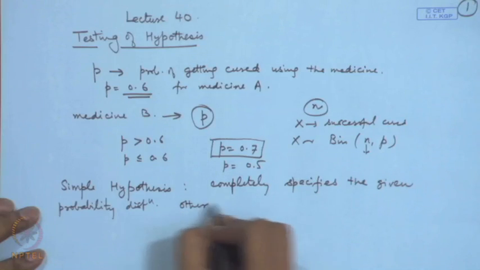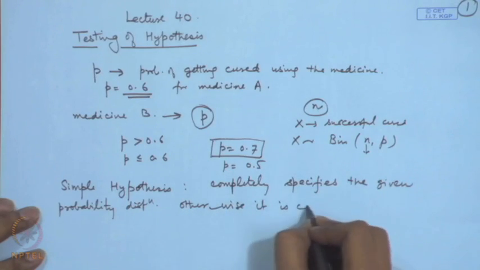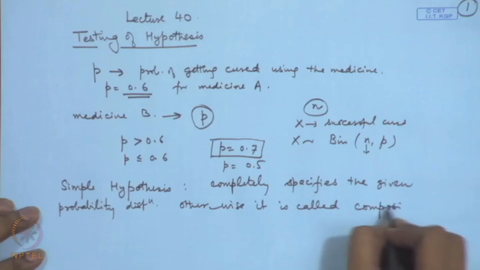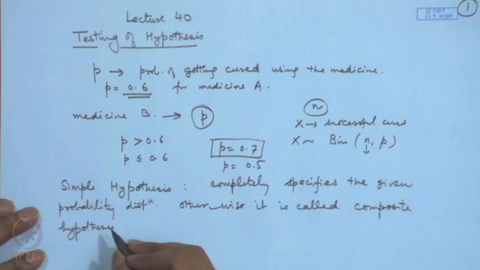Otherwise, it is called a composite hypothesis. So, you can see here that the testing of hypothesis problem can be classified as the problem to test a simple hypothesis or to test a composite hypothesis.